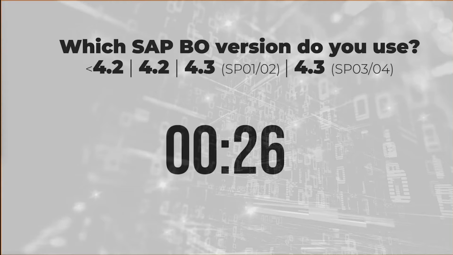It looks like the majority are on 4.3 SP01 and 02 and 03 and 04. Some are using 4.2, but that's fine. With N4Viz for WebI, it doesn't matter if you're using 4.2 or 4.3. We work with you either way, but it's nice to see the responses here.